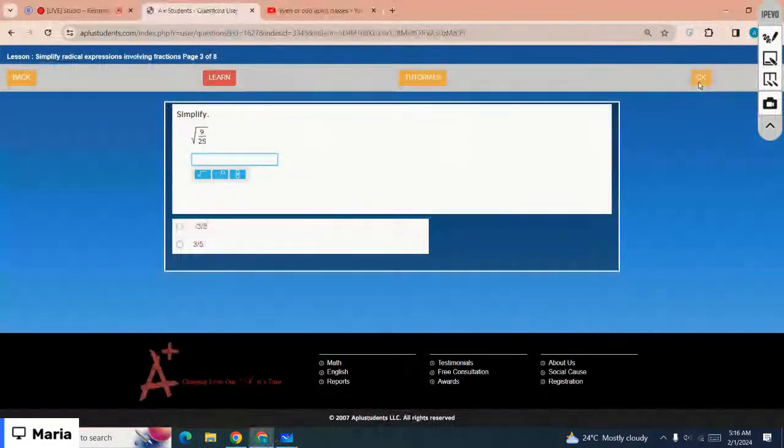The next one is simplify square root 9 over 25. So which is the correct option?